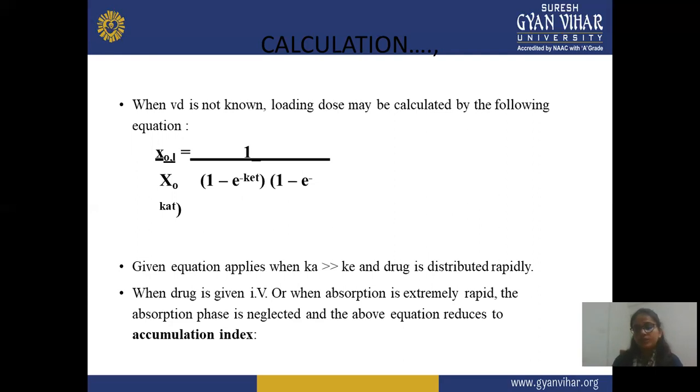Hence absorption rate is always more than elimination rate, or more elimination is observed when the drug is distributed rapidly. When the drug is given by IV or when absorption is extremely rapid, the absorption phase is neglected, and the above equation reduces to the accumulation index. This is for the extravascular route.